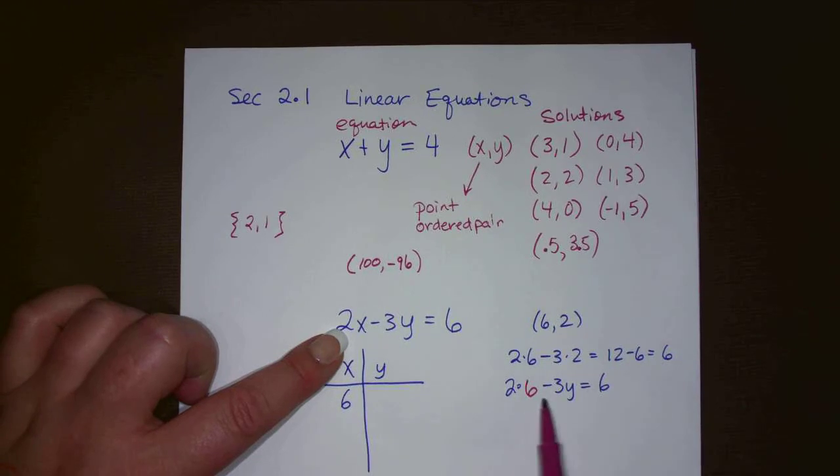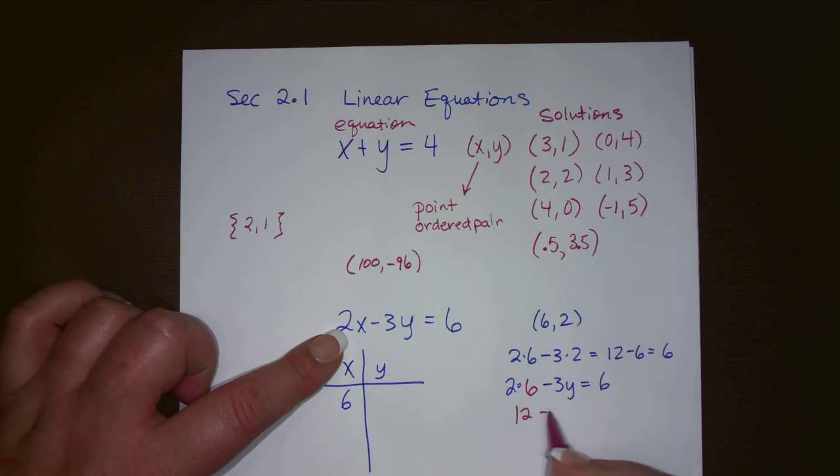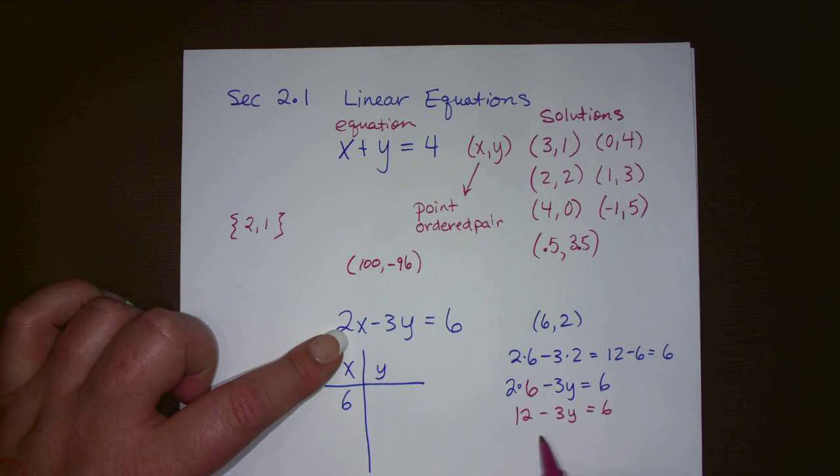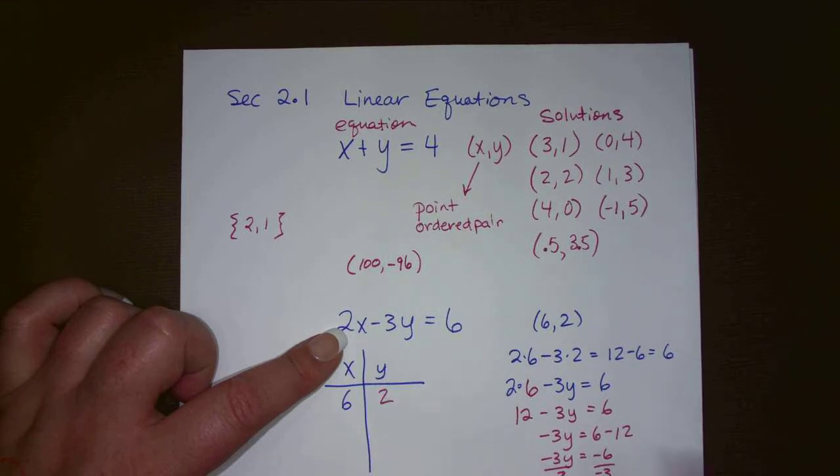Then rearrange it, just like a linear equation that we did before, and solve for y. So this would be 12 minus 3y equals 6. And we get the other that we knew was the right answer.